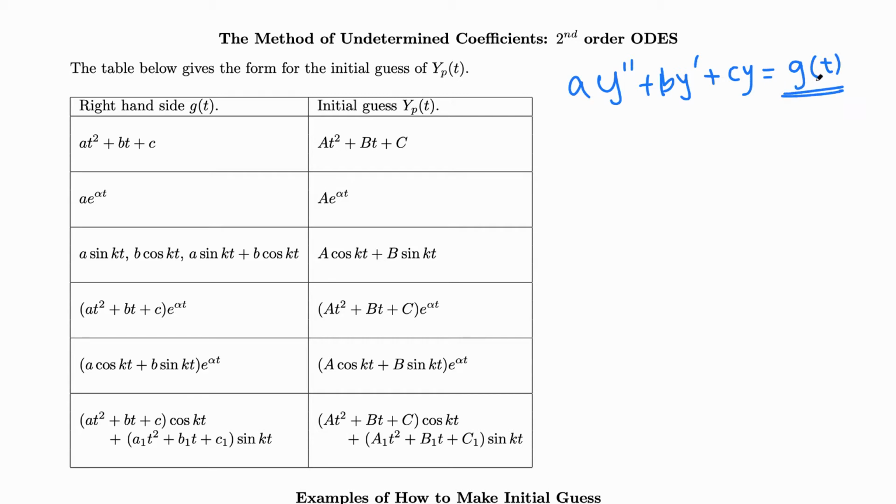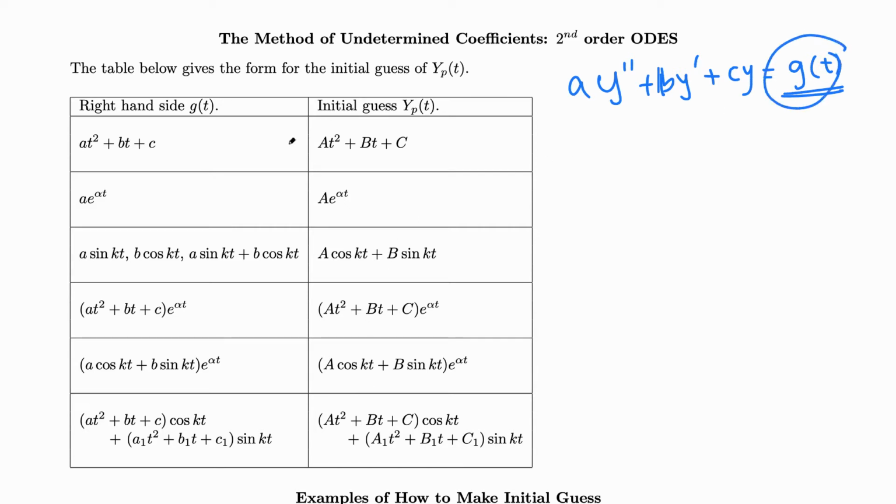If this is either a polynomial or exponential or just sine, cosine, or their combinations, then we can make an initial guess in this way and solve for the particular solution.